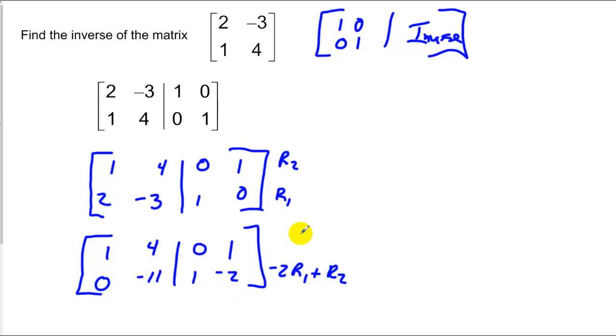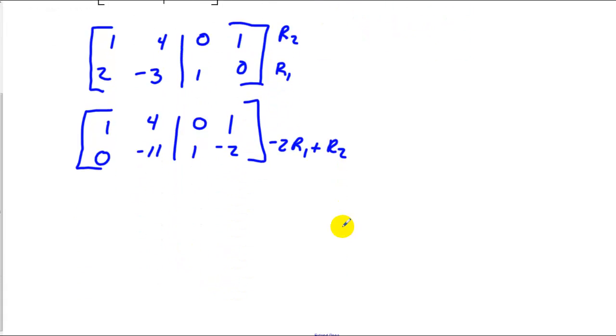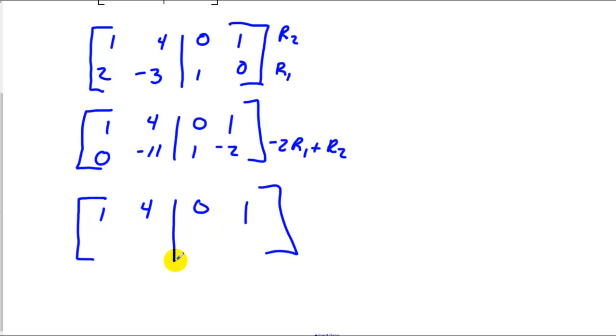Alright, so now what I've got to do is create a situation where I have a 0 up here and a 1 here. Well, I'm going to create the 1 here first. So what I'll do is take 1, 4, 0, 1, and then I'm going to multiply negative 1/11 by row 2 and replace that row.